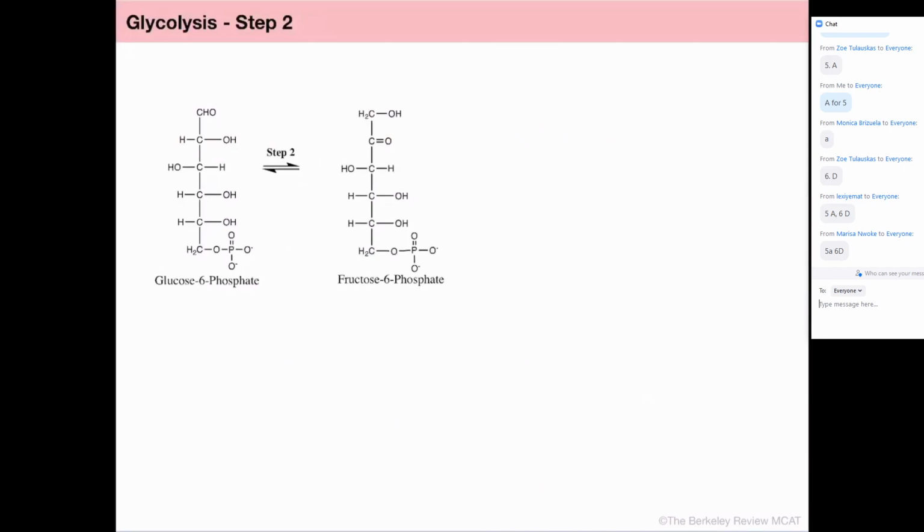Okay, let's go on to step 2 of glycolysis. This is called phosphoglucoisomerase. This is one of those super easy ones where it tells you exactly what enzyme class it is.